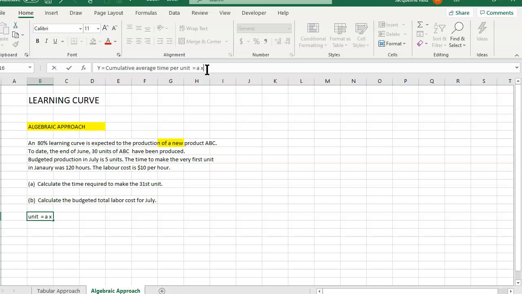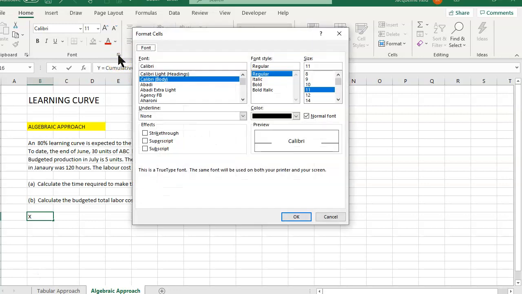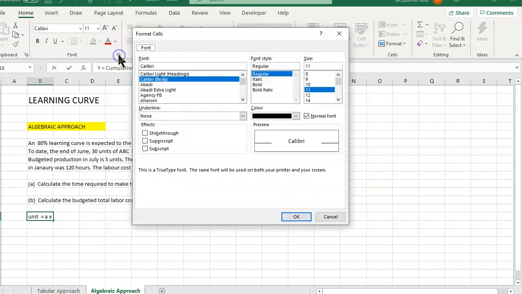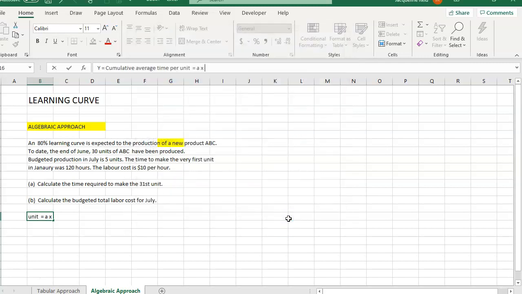We multiplied by a quantity x, which is raised to the power of minus b. I'm going to put superscript minus b.